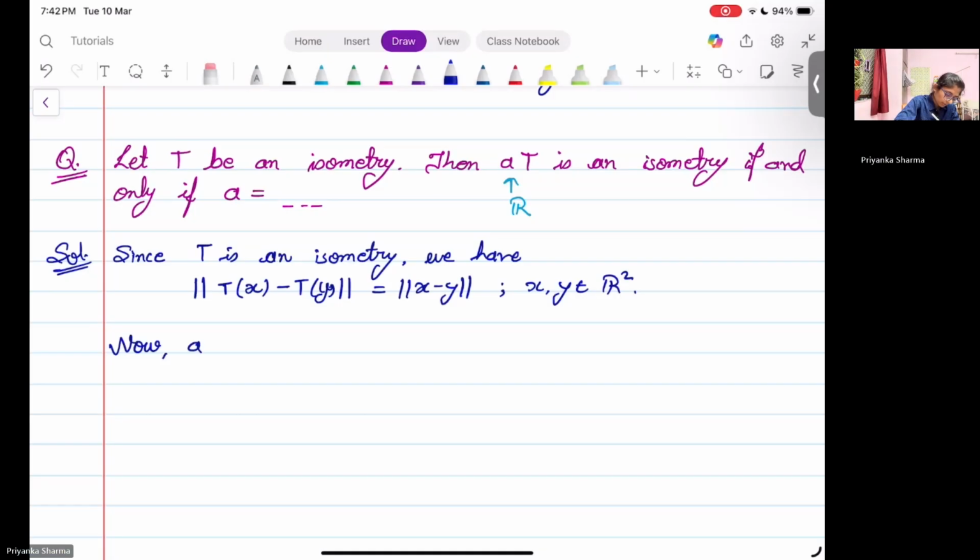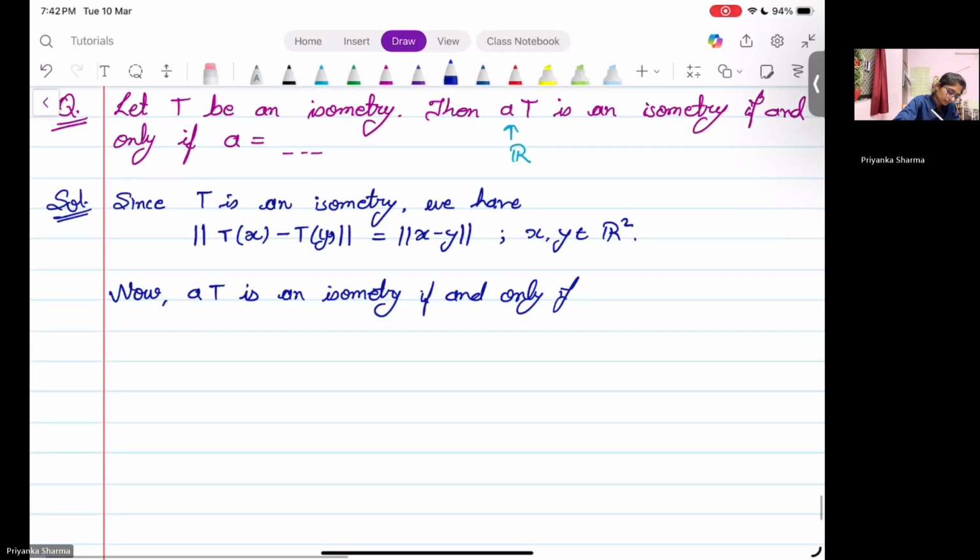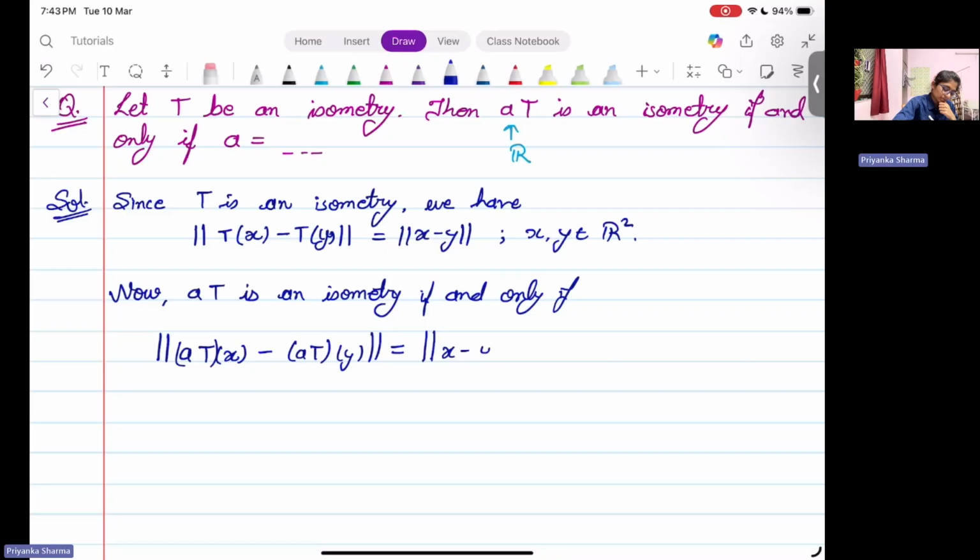Now, AT is an isometry if and only if the norm of ATX minus ATY is the same as the norm of X minus Y for all X and Y belonging to R square.